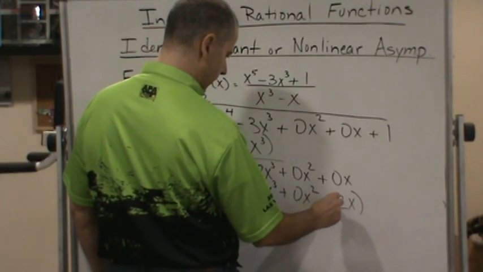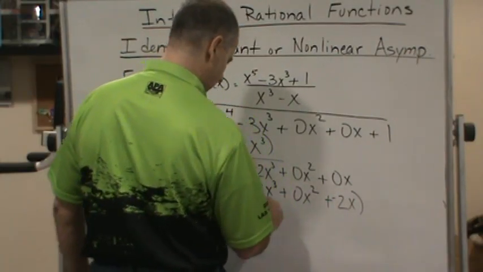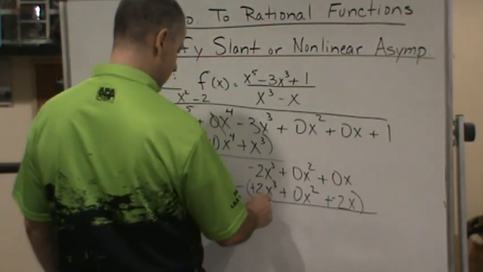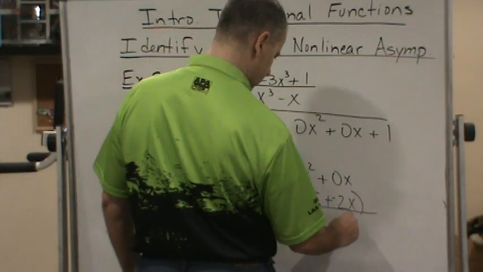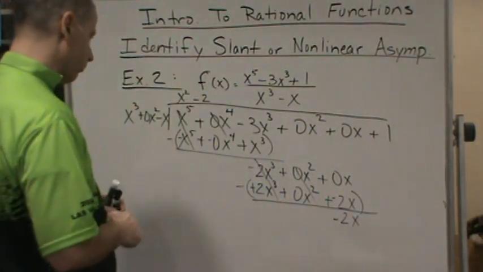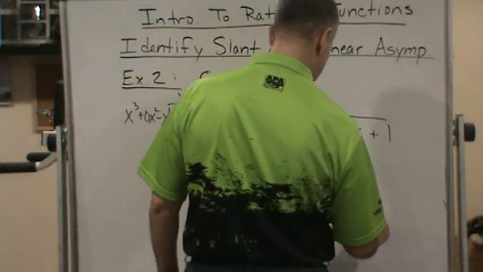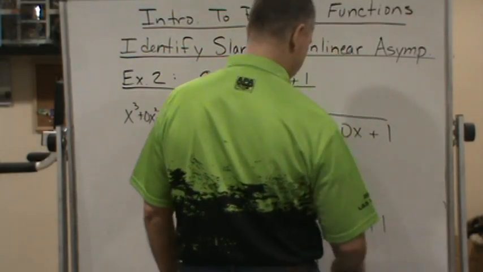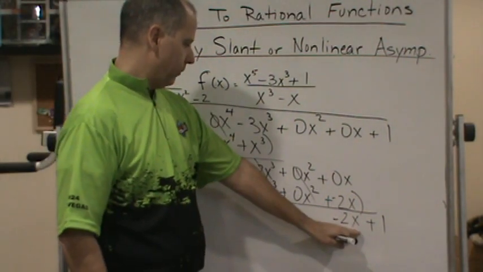Doesn't matter with the 0. And in this case, this is going to become negative. And so now what do we get? This is going to cross out, this is just going to give us 0, and this is going to give us negative 2x. Now, at that point, we drop down the plus 1. Now at this point, we look at this degree here.